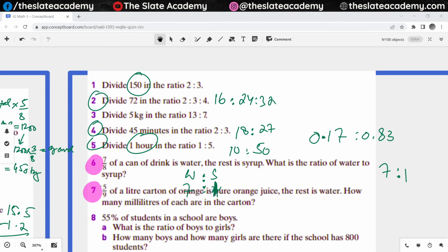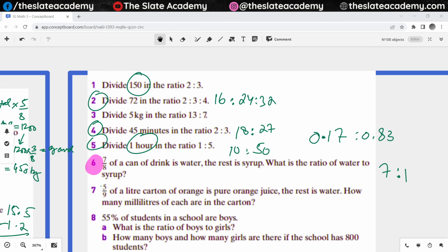If you have understood this, give me question number 7. 5 is to 1. If you add the ratios, would that become 9? 5 is to 4.